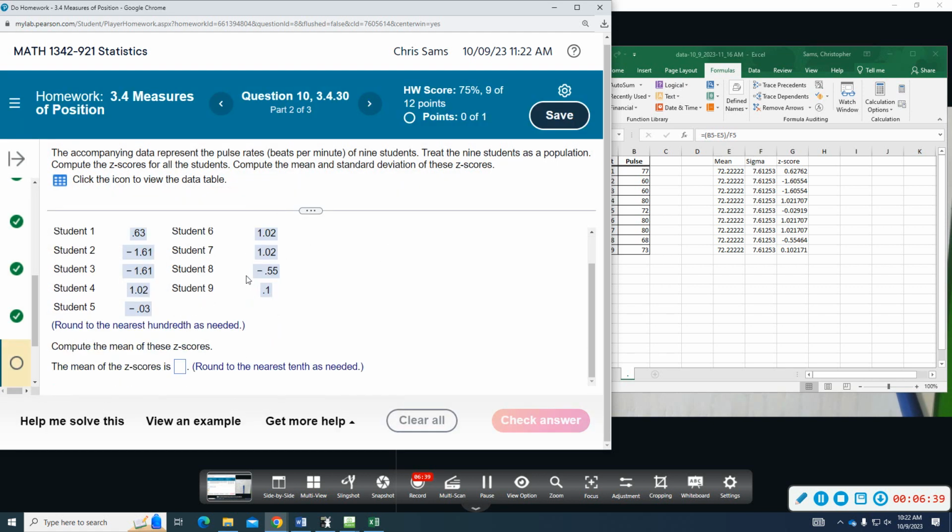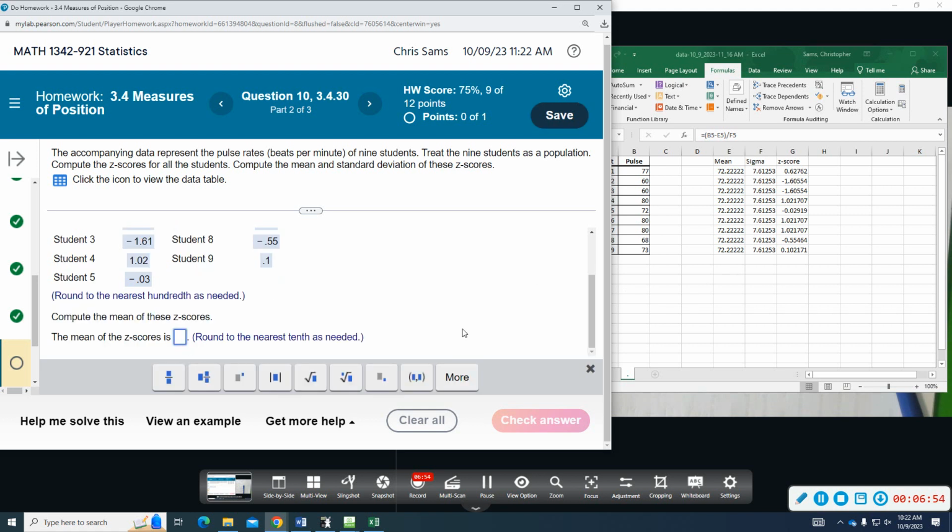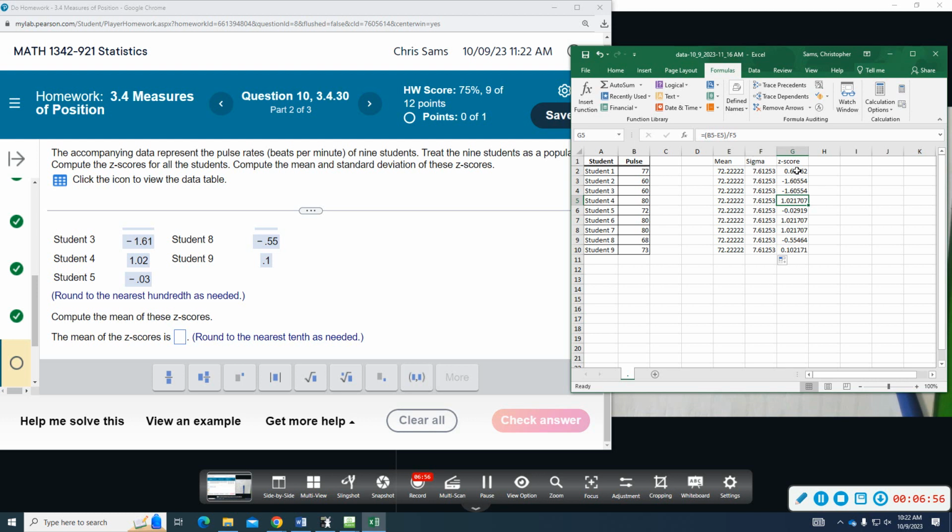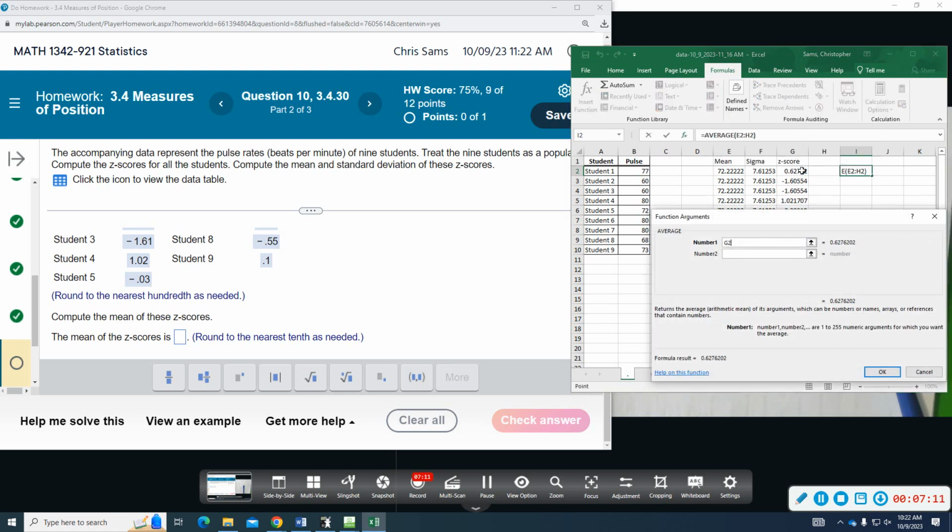Okay. This one wants us to compute the mean of the z-scores. So the average of the z-scores is just going to be the mean of these guys. Let's compute the average. We're going to round to the nearest tenth in 1 decimal place. So we're going to do formula statistical. We're going to find the average. And I'm going to click these boxes.